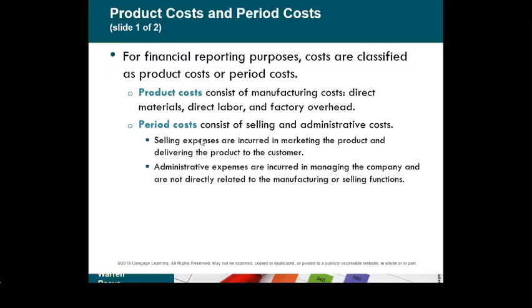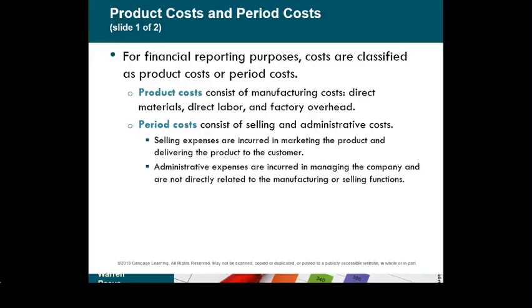Period cost equals selling expenses and administrative expenses. Selling expenses are any expenses incurred in the marketing department to market and to sell the product and to deliver the product to the customer. Administrative expenses are the cost incurred to perform administrative functions to manage the company and are not directly related to the manufacturing or selling function.